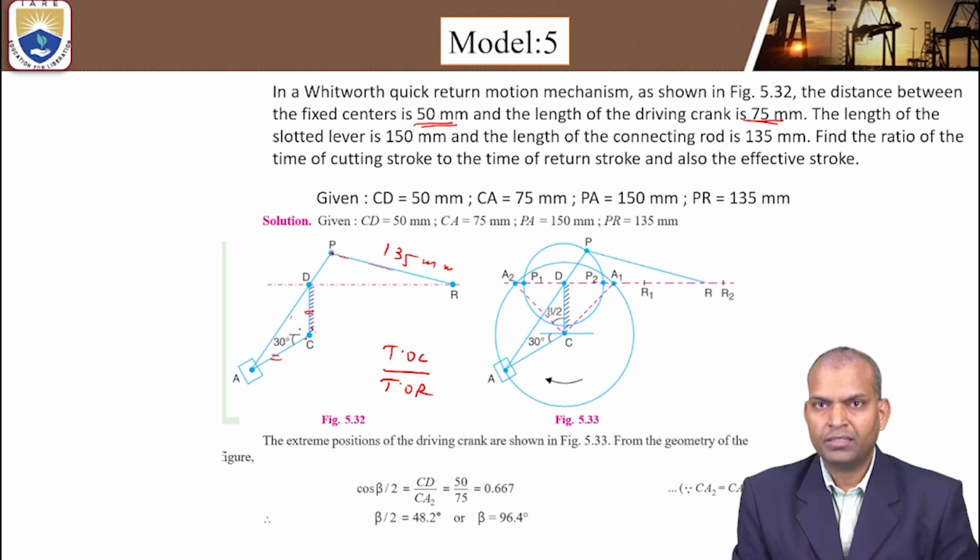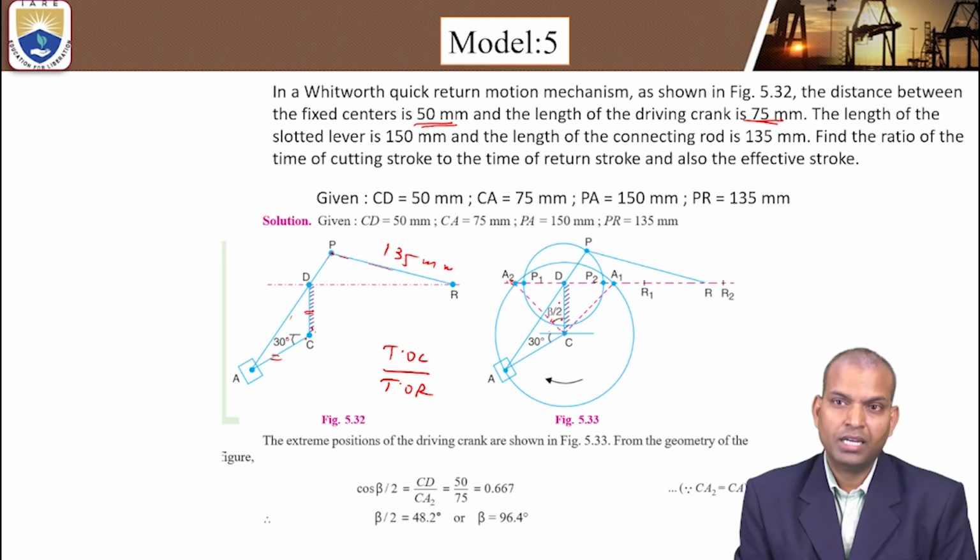Now, if you define it properly, the figure is given here, 30 degree. It is beta by 2 as in this figure, with A2, C and D forming a triangle. Now, cos beta by 2 equals CD by CA2, that is adjacent side by hypotenuse.